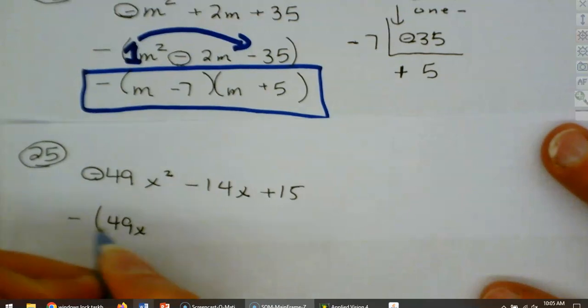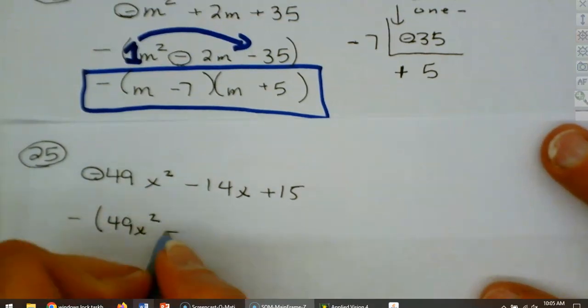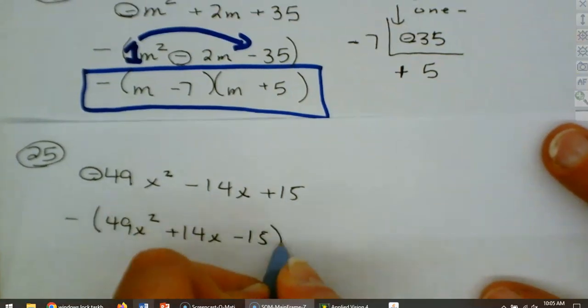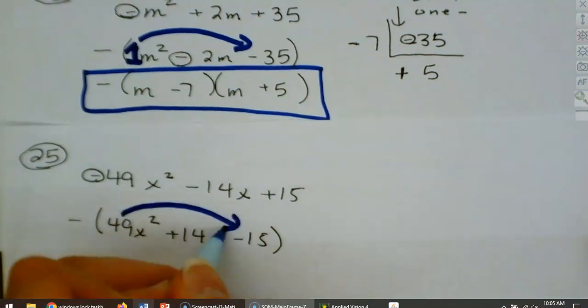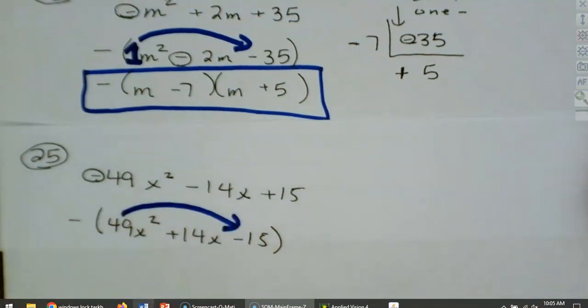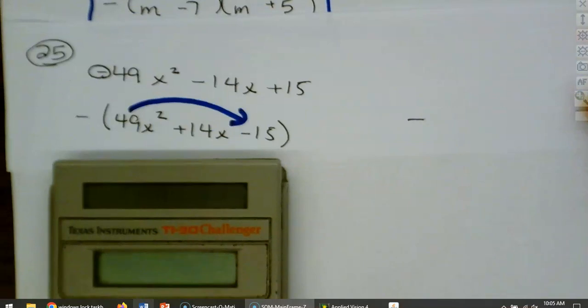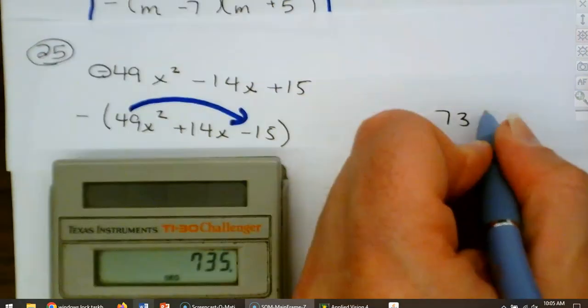So factor out this negative, and that leaves you with a 49x squared, positive 14x, and a negative 15. First times the last makes it a negative. Let's see what that is. 49 times 15, that makes it a minus 735.